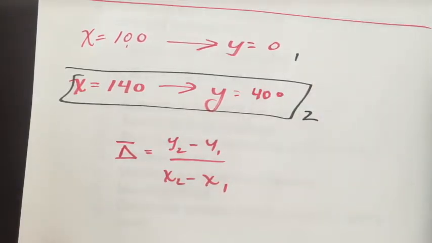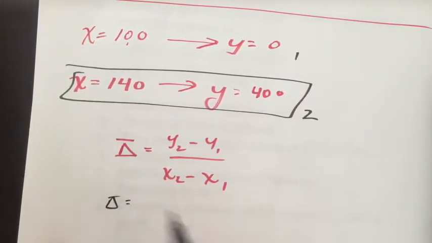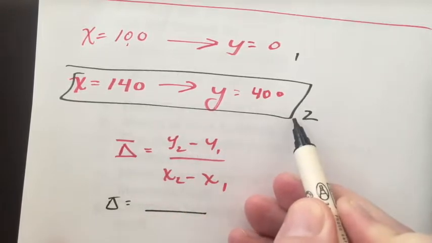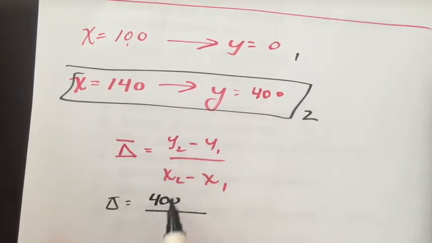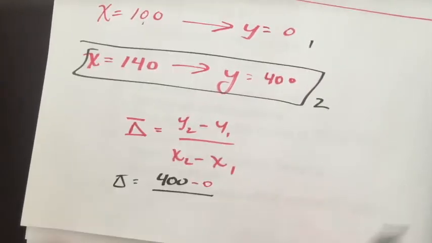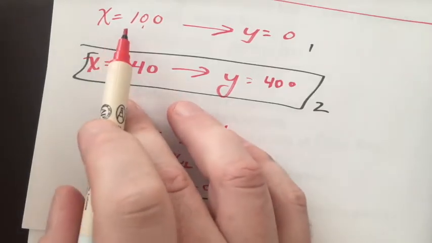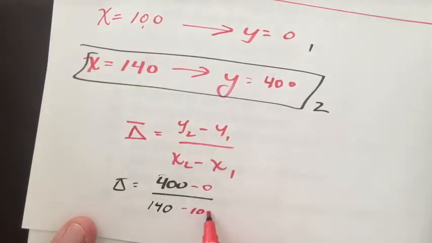So when we make our substitutions, delta bar is equal to, well, y2 in this case was 400 minus our y1, which was 0, over our x2, which was 140, minus our x1, which was 100.